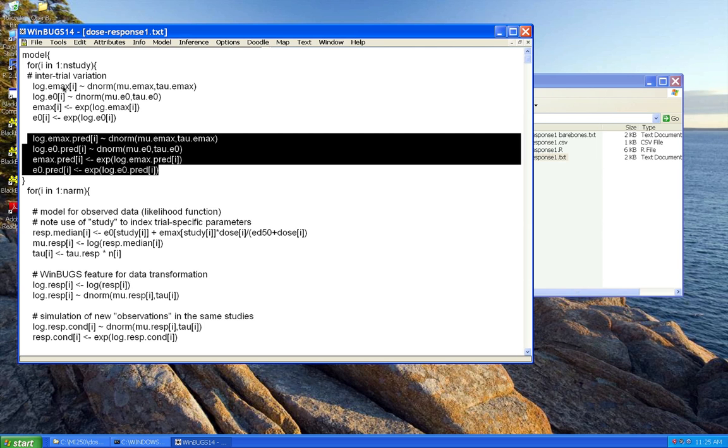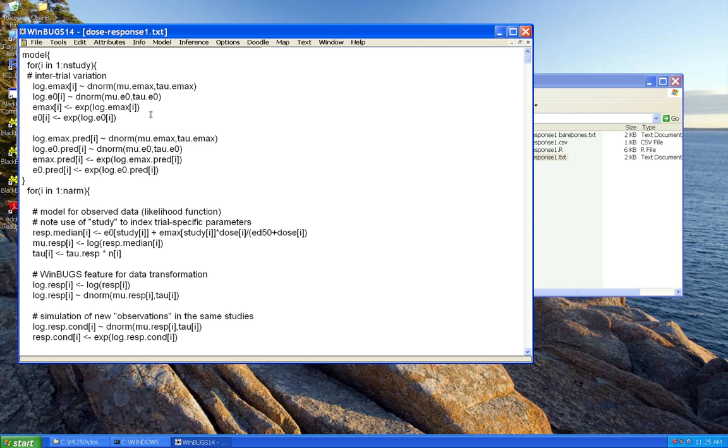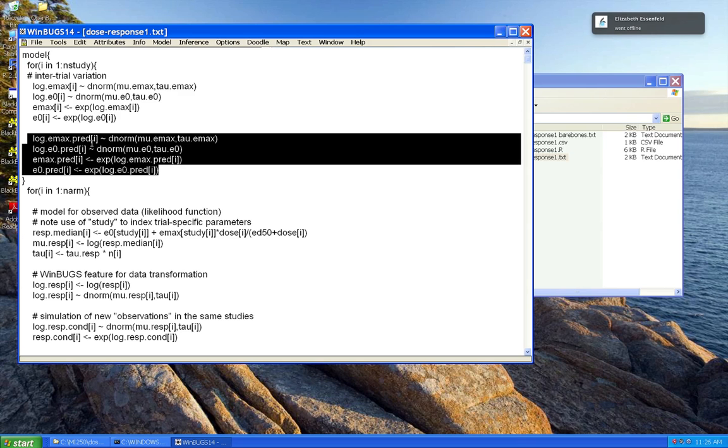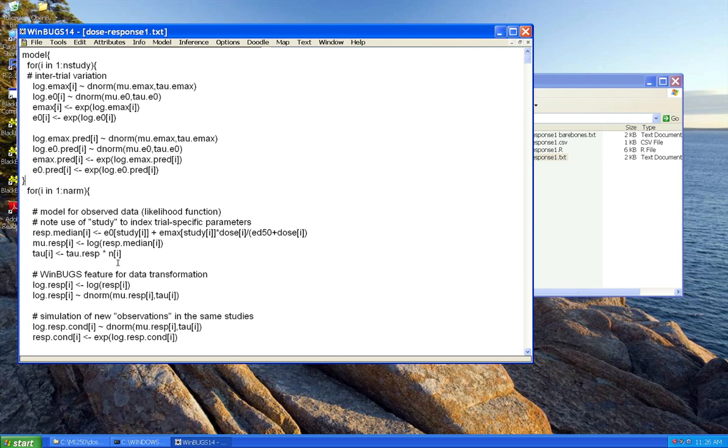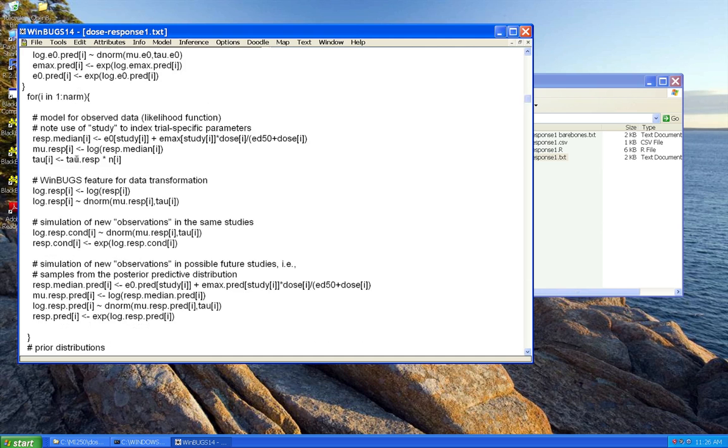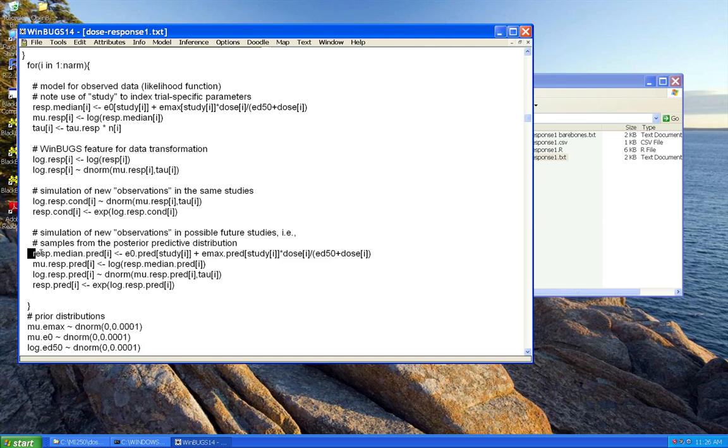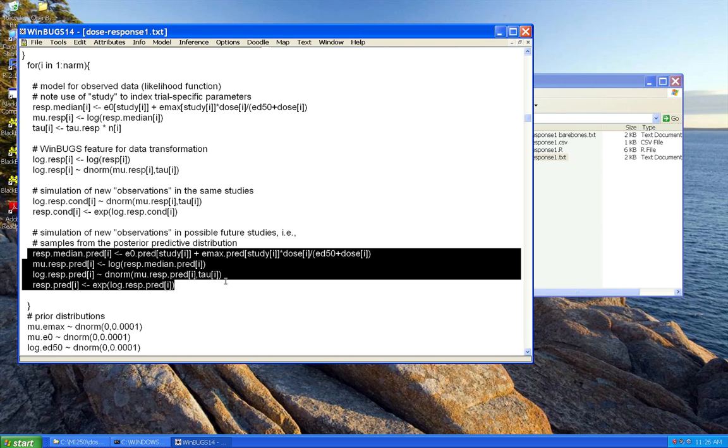This is identical to the one above, but I've renamed what's on the left-hand side. You'll notice I've stuck a .pred on everything on the left-hand side. Those are then simulated or predicted values for Emax and E0 for these hypothetical new studies, and then I use those values down here within the loop that goes over arms to generate new values.